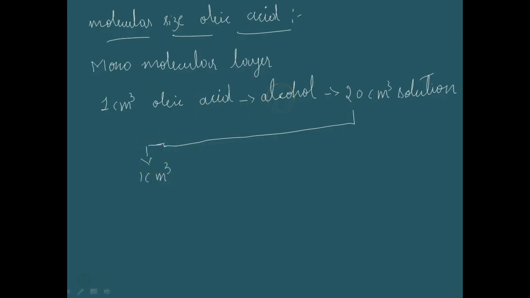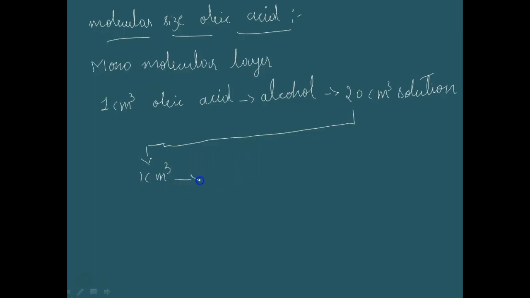From this 20 centimeter cube of solution, what we got after dissolving it in alcohol, first we'll take 1 centimeter cube of oleic acid, dissolve it in alcohol, and we get 20 centimeter cube of solution. So in this 20 centimeter cube of solution, we'll take 1 centimeter cube again, and again we'll dilute it to 20 centimeter cube using alcohol.